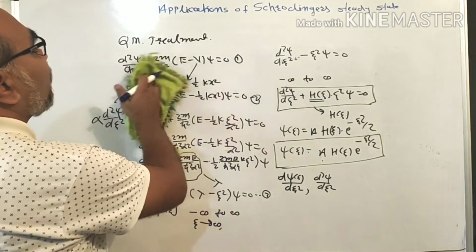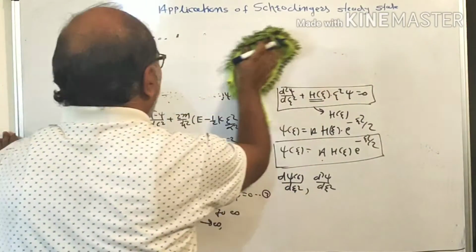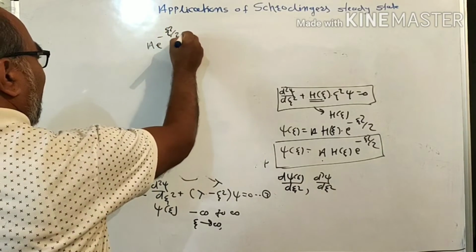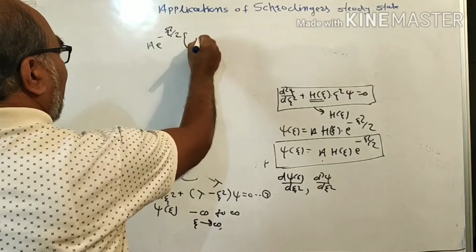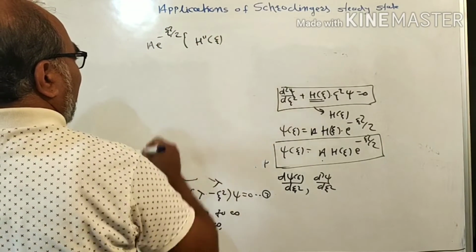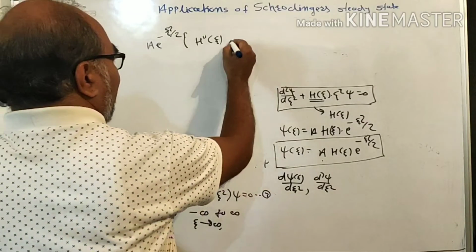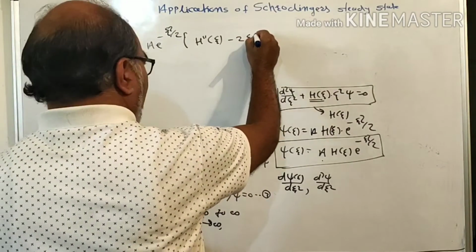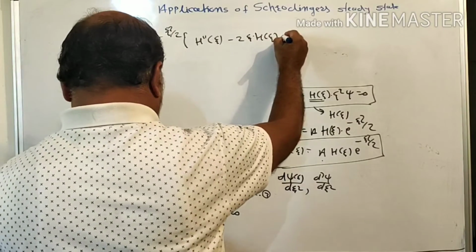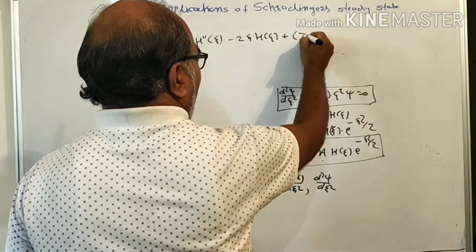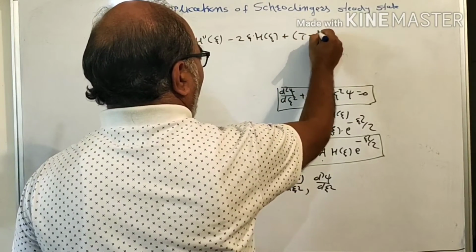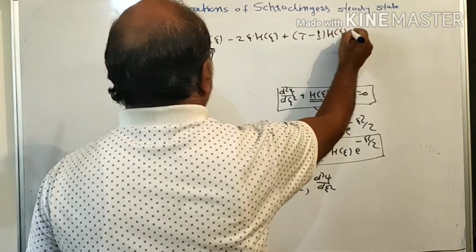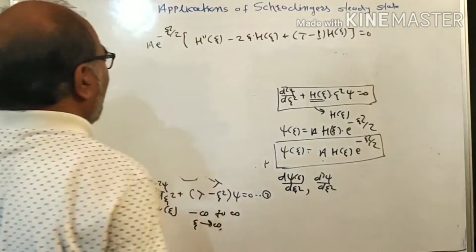Therefore using this, expression 3 becomes e^(−ζ²/2) times the bracket H''(ζ) − 2ζH'(ζ) + (λ − 1)H(ζ), bracket completed, is equal to 0.